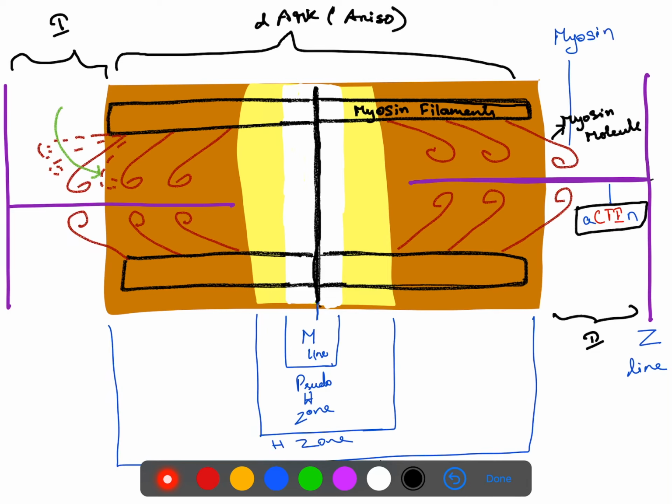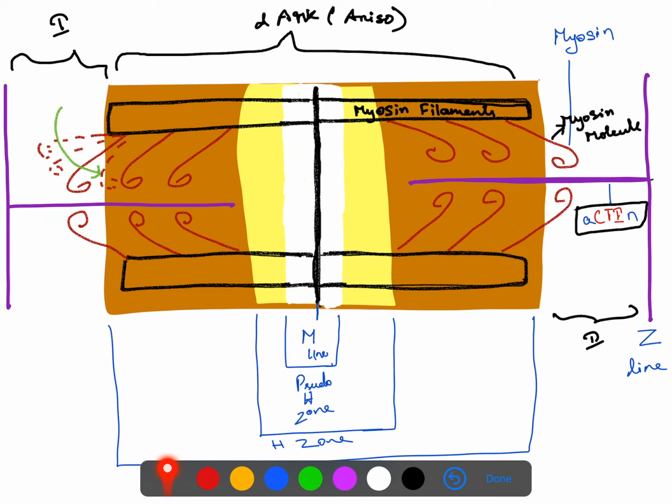We will deal with the microanatomy of the actin in a while. What happens is these myosin molecules bind to the actin, they move inward, see here, and the actin moves inside like this, and the muscle contracts.